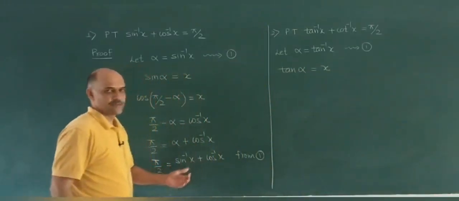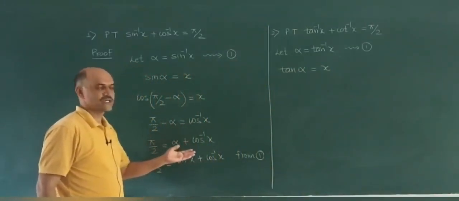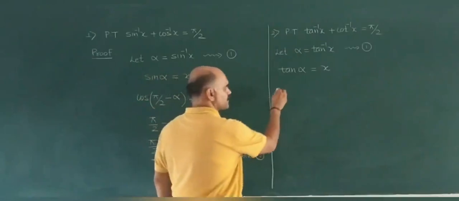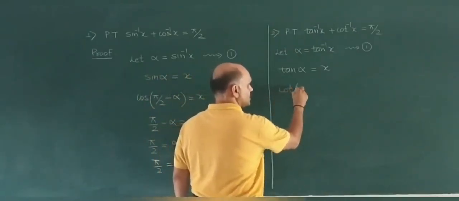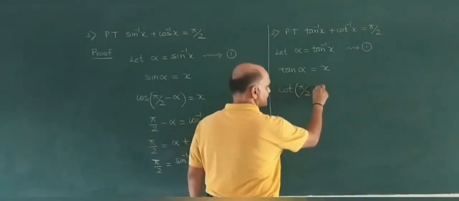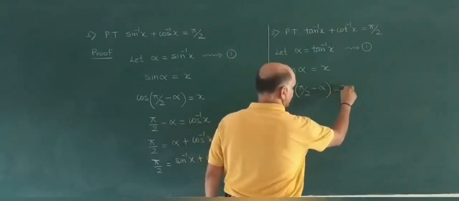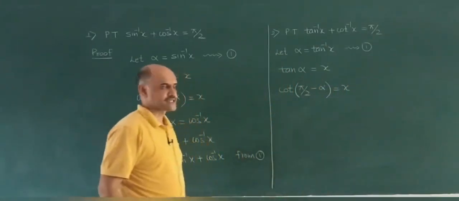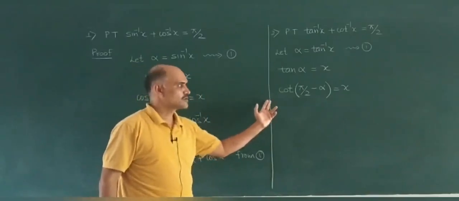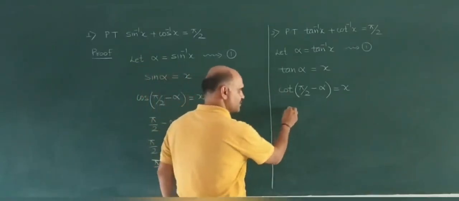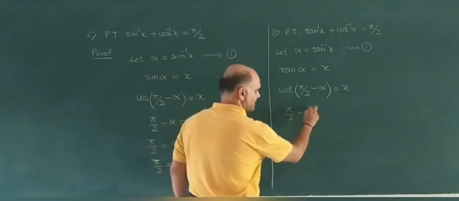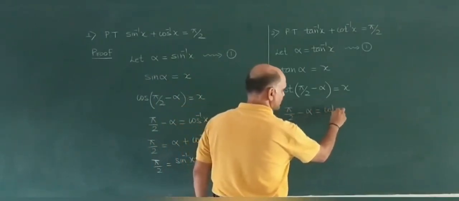So tan alpha can be written as cot 90 minus alpha or pi by 2 minus alpha. So cot pi by 2 minus alpha is equal to x. Now next step is take cot to the RHS. So you will have pi by 2 minus alpha is equal to cot inverse x.